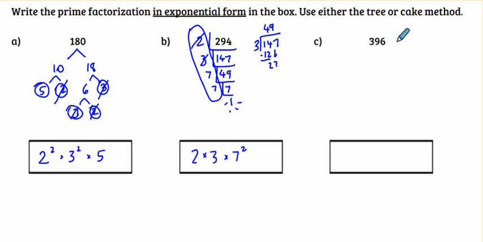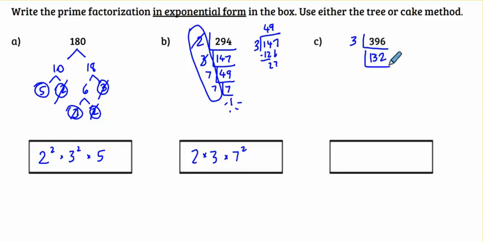All right, do whatever you want to do for 396. I'm partial to the cake method. I know that all three of these are very easily divisible by 3, so I can just do that pretty much in my head. 3 into 3 goes once, 3 into 3 goes 3 times, and 3 goes into 6 twice. So now I'm at 132.